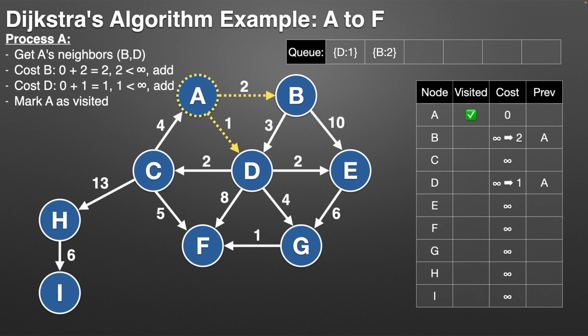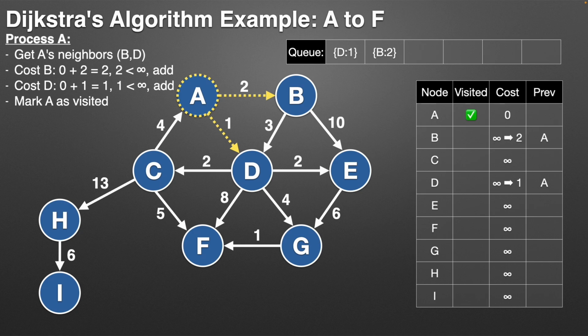Currently, if we look at our cost, prior to calculating that, the cost was infinity. So obviously 2 is better than infinity, and the same for D: 1 is better than infinity. So at this point, we update the cost for B and D to the cost we calculated.